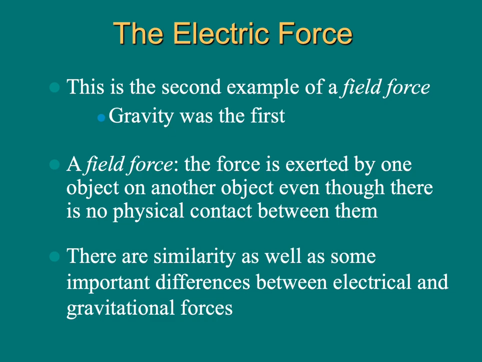Think about gravity again. We have the Earth and the Moon, and we know the Earth is exerting a gravitational force on the Moon, but the Earth and the Moon are separated by a very large distance. So a field force is a non-contact force. The two objects don't have to be in contact.